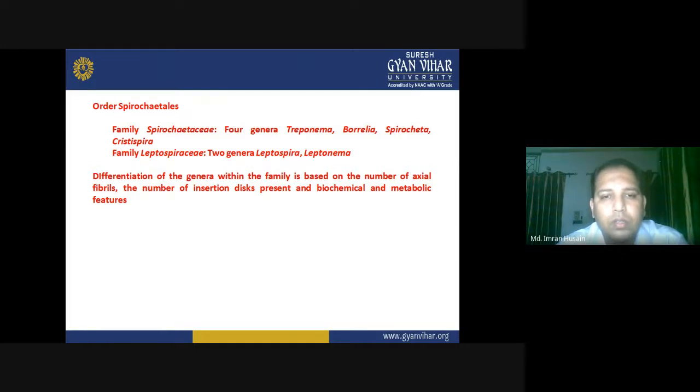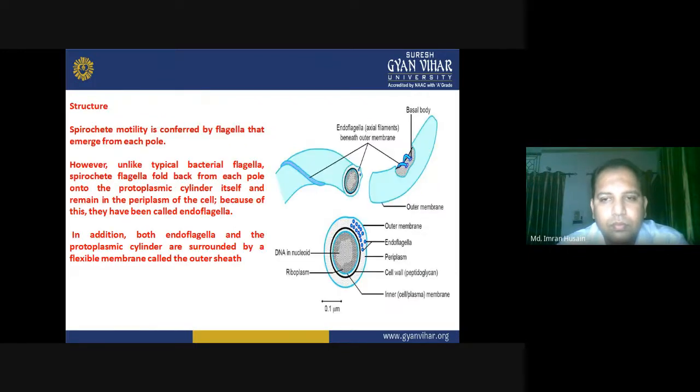Differentiation of genera within the family is based on the number of axial fibrils, the number of insertion discs present, and biochemical and metabolic features. When it comes to the structure, what are the things that we especially observe?